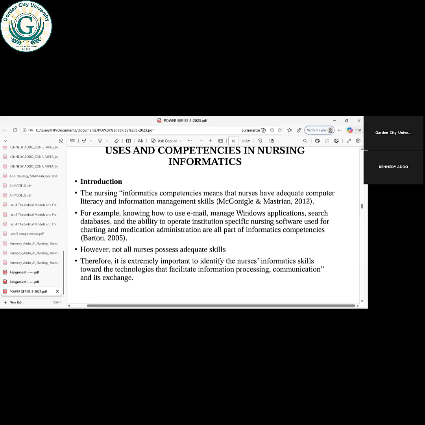The nursing informatics competencies mean that nurses have adequate computer literacy and information management skills. For example, knowing how to use email, manage Windows applications, search databases, and the ability to use EHRs or LIMS for charting and medication administration are all part of the competencies. However, not all nurses possess adequate skills.